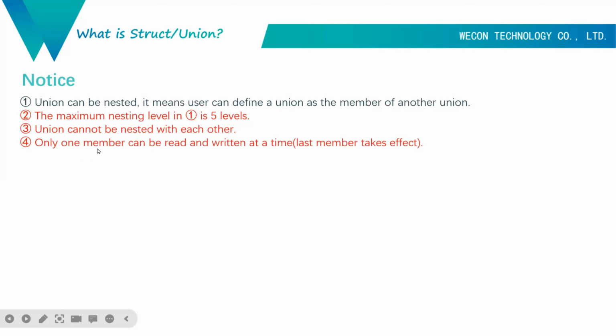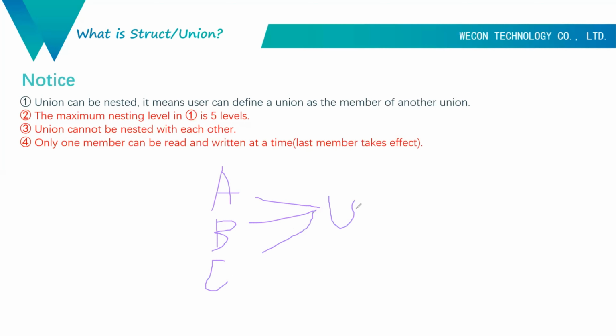And the last, here is another point. Only one member can be read or written at a time. For example, here we have three members, A, B, C, to a union, and all these three variables are, for example, int.